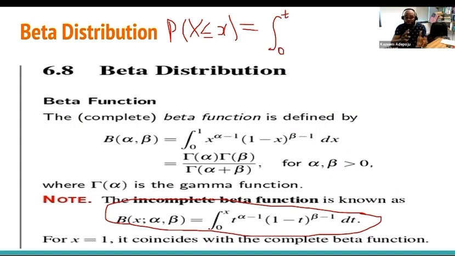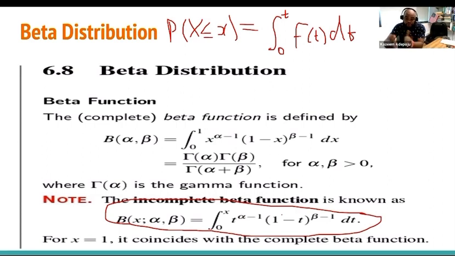When I go from 0 to t, don't forget, I'm going to put in the distribution. What you're going to see in the numerator of what I get is this, which we call the incomplete beta function.